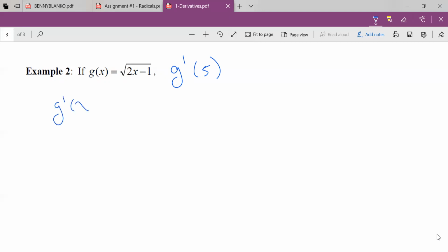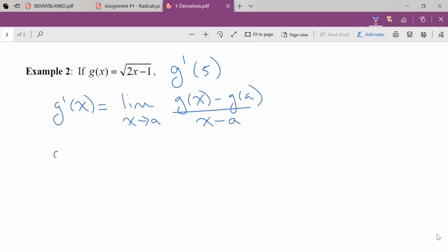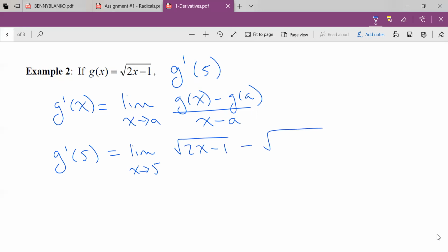I'm going to say g prime at x is equal to the limit as x approaches a of g at x minus g at a over x minus a. Okay, so this is what's known as the Newtonian method. So we want g prime at 5. So we want the limit as x approaches 5 of g at x, so the square root of 2x minus 1, minus g at 5, well, g at 5, so that's the square root of 2 times 5 minus 1, over x minus 5, just like that.